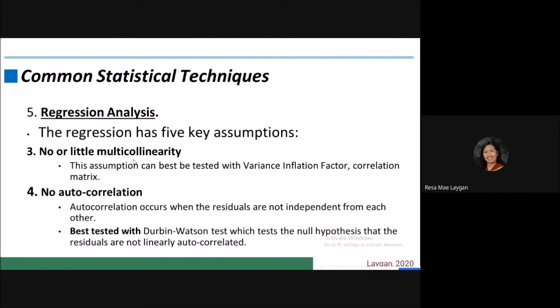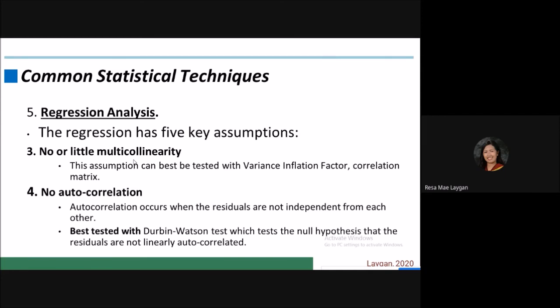So if the multicollinearity issue of your model is very serious, then there is a possible implication in estimating the coefficients of that regression model, and they may change erratically in response to small changes in the model or the data.